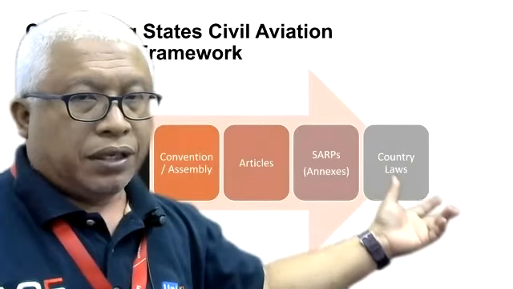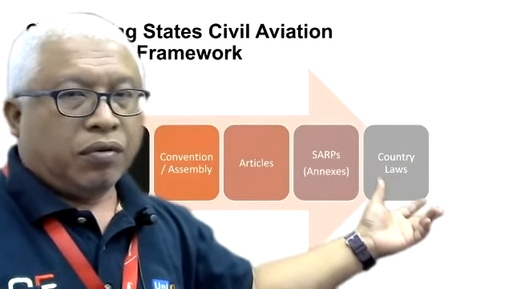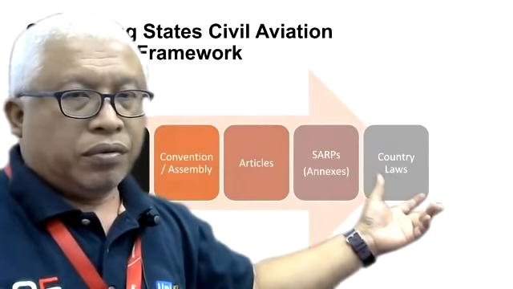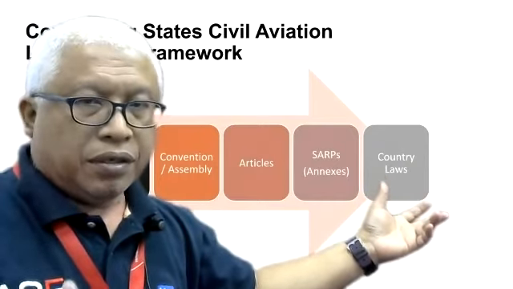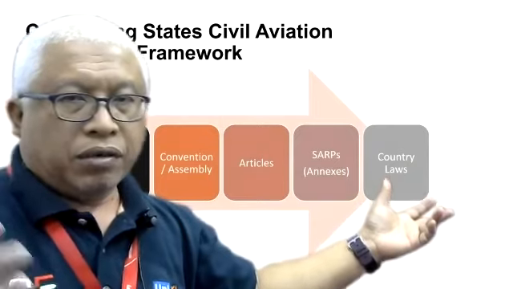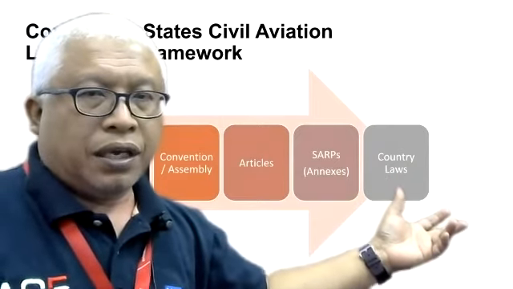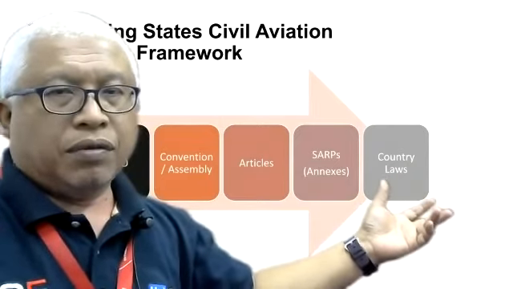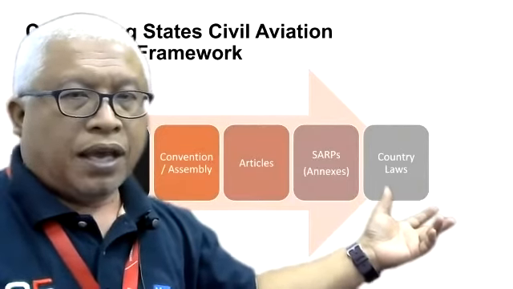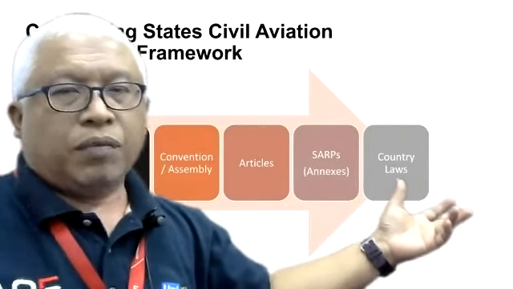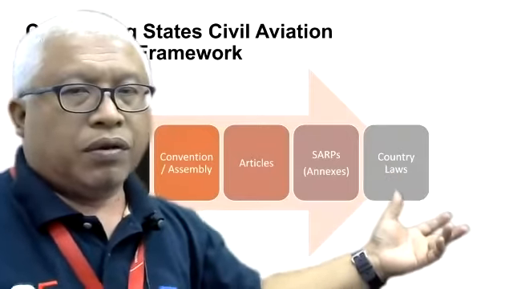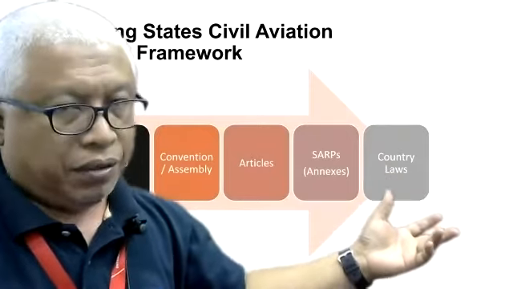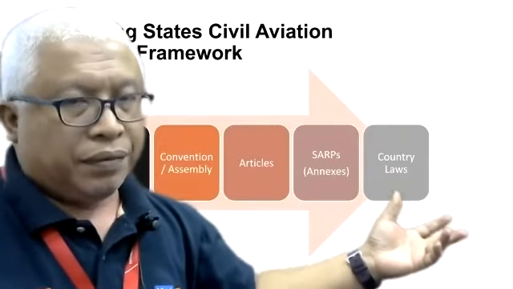So the country or the state, the ICAO member state, needs to bring those annexes into the country law and regulation. If there is any area of the annexes that they are not able to adopt and adapt, they have to inform ICAO and explain that they are not able to follow it because of their other regulation on top of it, maybe different.